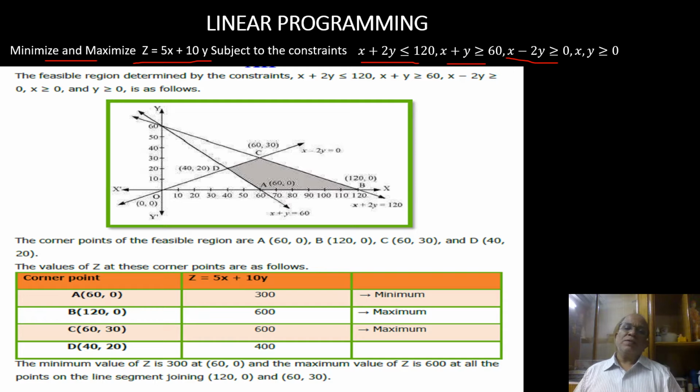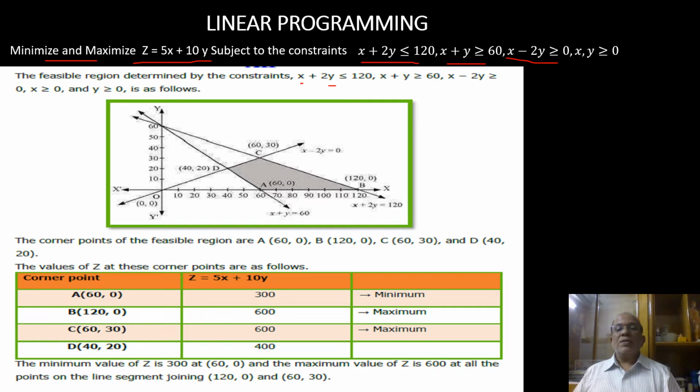How? First we will draw the line as usual. On putting x equal to 0 we get y equal to 60, and on putting y equal to 0 we get x equal to 120. So here on the graph paper we mark the points 0, 10, 20, 30, 40, 50 and 60.